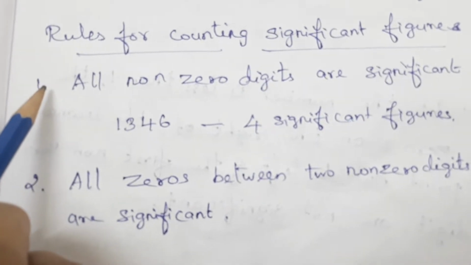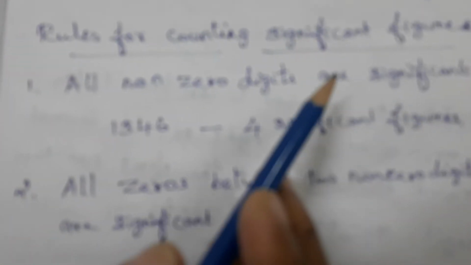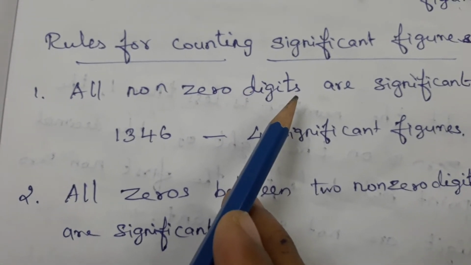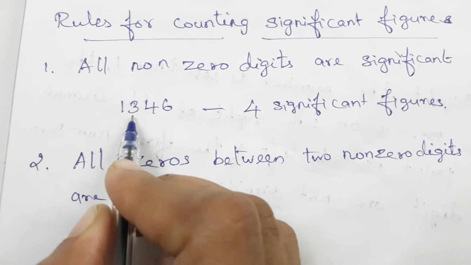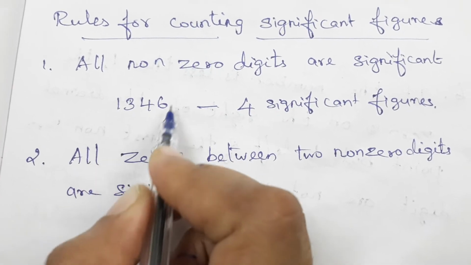First rule: all non-zero digits are significant. Example: 1346. Here there are no zeros.